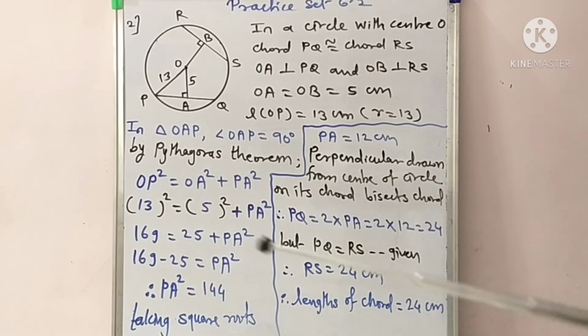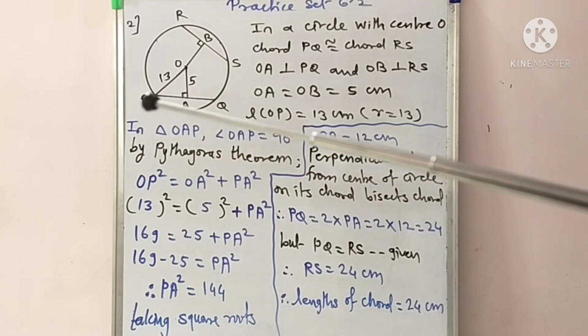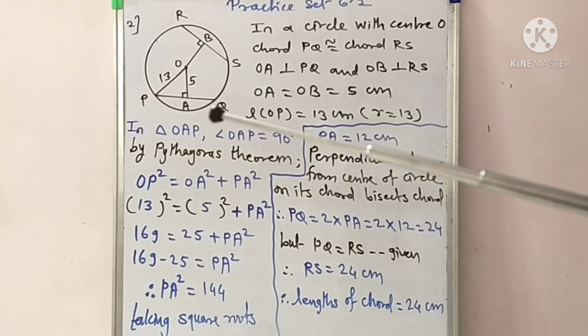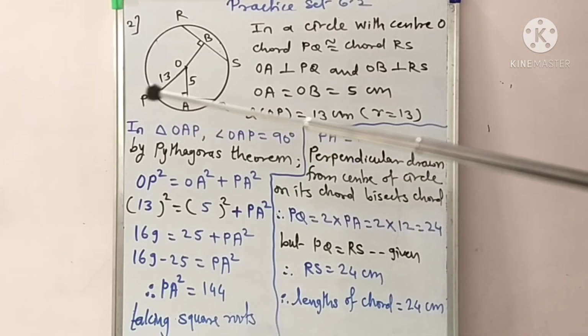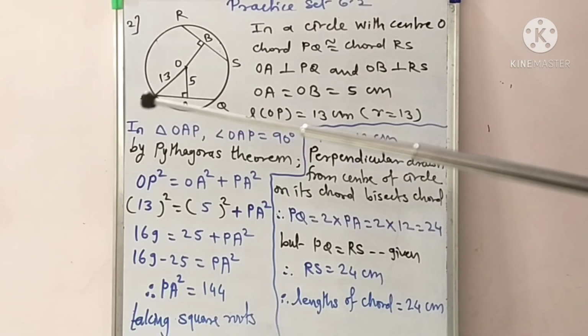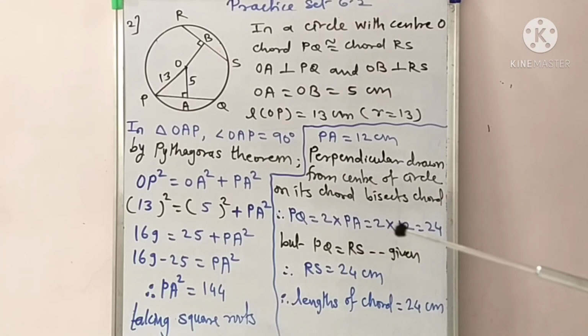Okay, so PA is what? It is the part of chord PQ, and we know the property that a perpendicular drawn from the center of the circle on its chord bisects the chord. It is given that OA is perpendicular to PQ, which means PQ is what now? Twice that of PA, and twice 12, that is 2 into 12, is 24 centimeter.